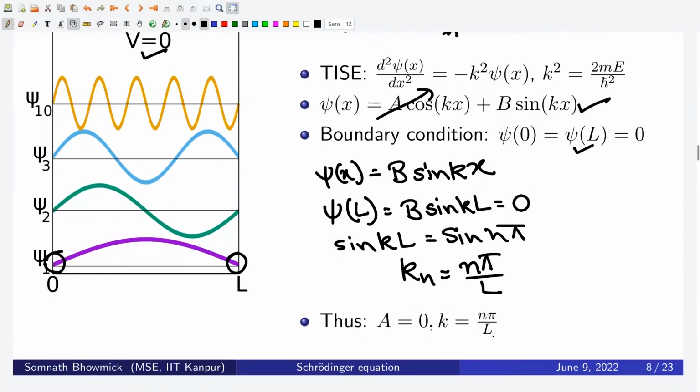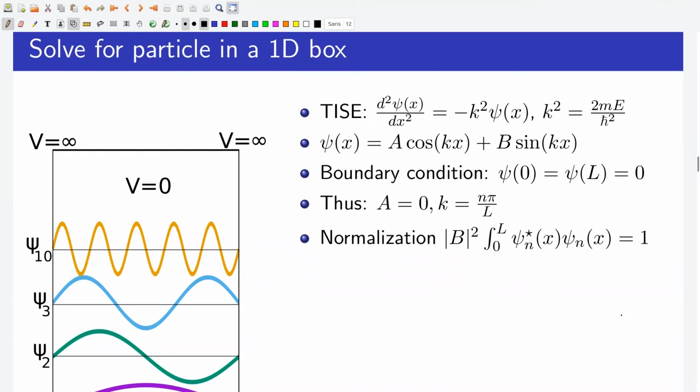Thus, we have solved for the eigenfunction, and we can write psi n of x is equal to B sine n pi x by L. Since wave functions are related to the probability, they must be normalized.